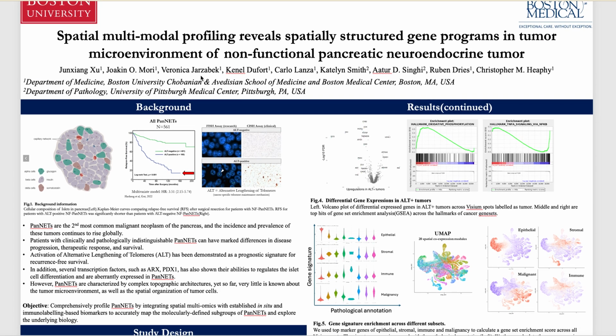In order to get good prognostic markers, a lot of studies have been carried out over the past few decades. One of them is ALT, or alternative lengthening of telomeres. Studies have shown that the activation of this ALT mechanism has shown a remarkable decrease of survival rate compared to ALT-negative cases.